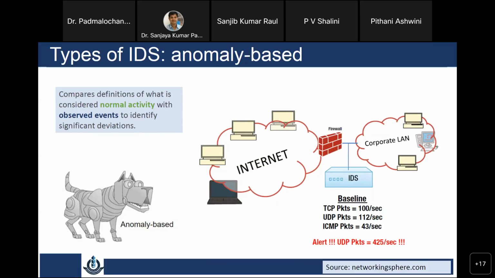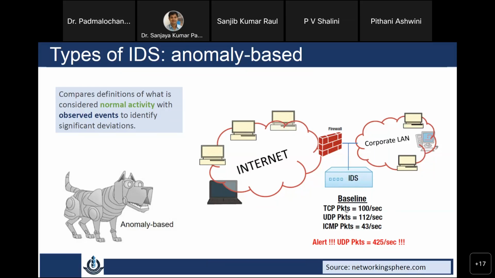So if there is any deviation from such activity, such functionality, then we will consider it an intrusion. Therefore, we do not have any particular signature here. We observe the behavior and activities, and if any event happens which is not usual, it will be treated as intrusion.